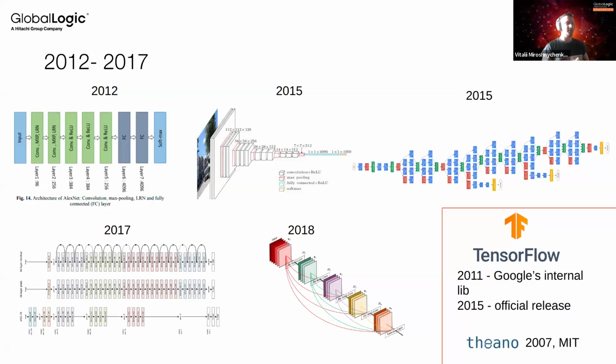And maybe the most interesting architecture from this period is DenseNet, developed in 2018. It consists of blocks that are connected to each previous block, and inside each block, all sub-blocks are connected. So this is a very interesting idea, a very cool idea, but these neural networks are too big, and it represents the problem of this approach.